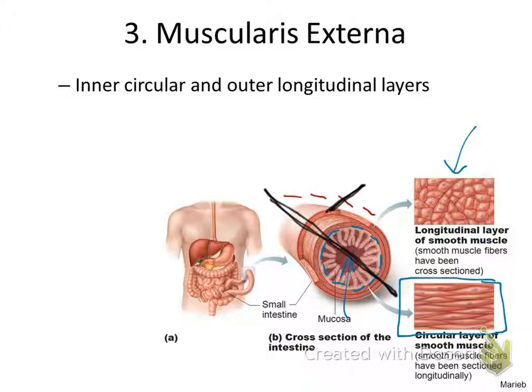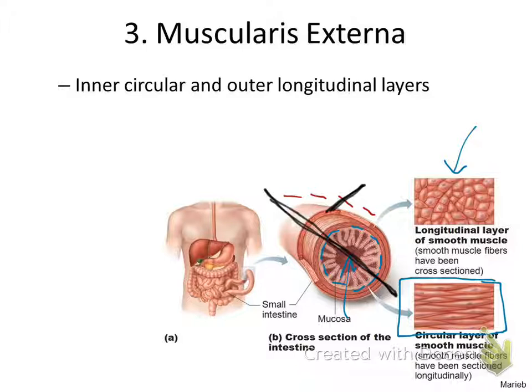Just then the PowerPoint says differently because they say when you cut a cross section, it will show you the longitudinal one, and the longitudinal section will show you the circular. Well, that's a typo because they're named based off of how the cells line up end to end.